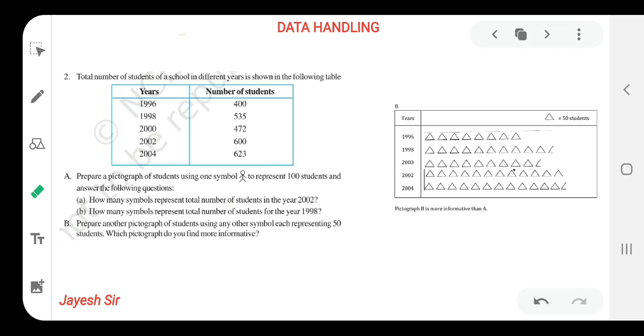That's why here a symbol representing 50 students gives us the proper idea about the pictograph. So the symbol value should always be small. If you are taking big values, that means one symbol measures 100, the margin of error would be more. So that's why we will prefer to use a smaller symbol value.